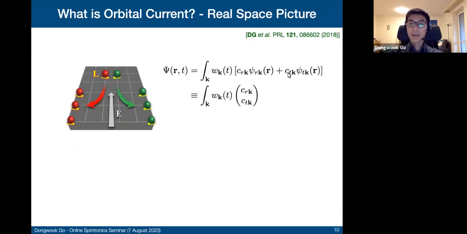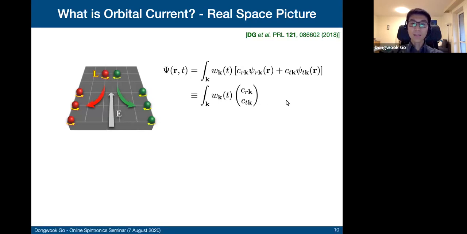But anyway, in the steady state in non-equilibrium, this ratio could be a complex number as we discussed. So in terms of wave packets, CR and CT mathematically really act like a spin, like an internal degree of freedom for the wave packet.